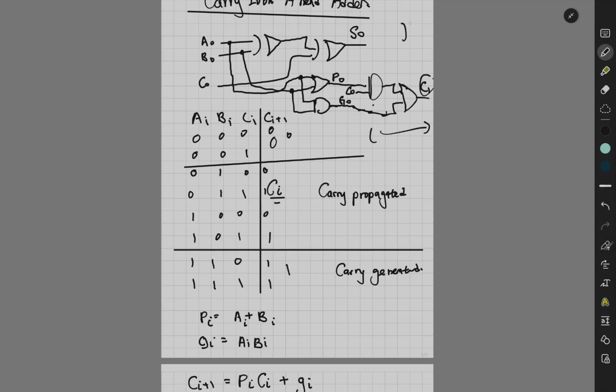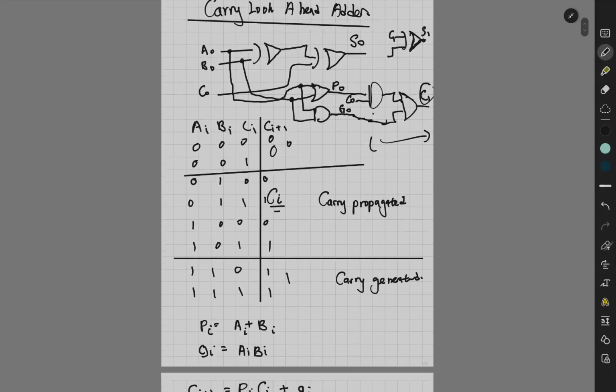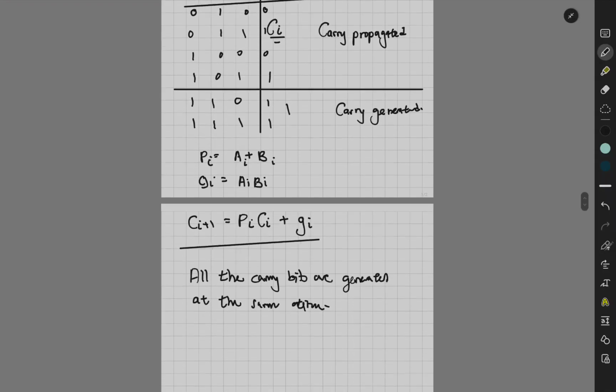So for this C1 we need 1 tau, 2 tau, 3 tau to generate, and after generating the C1 we need a 2 tau delay also, so that it can generate S1. So the worst case path is 5 tau. But for the carry generation, it requires 3 tau to generate the carry.